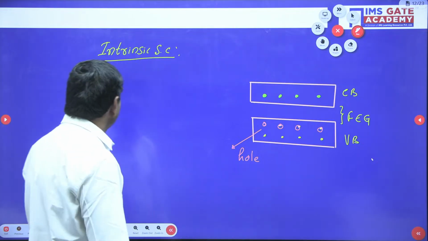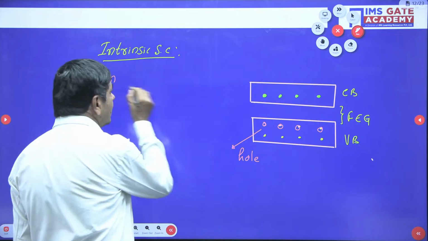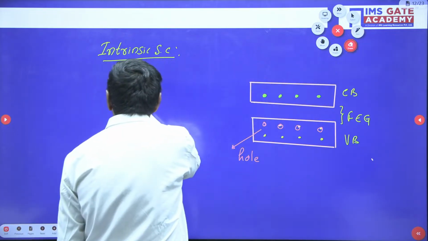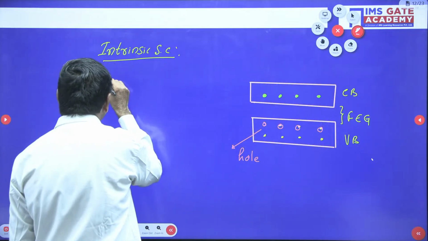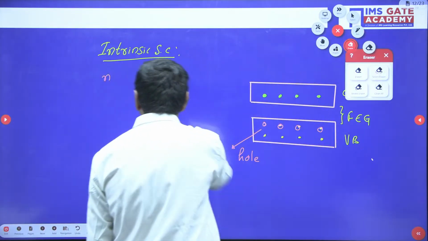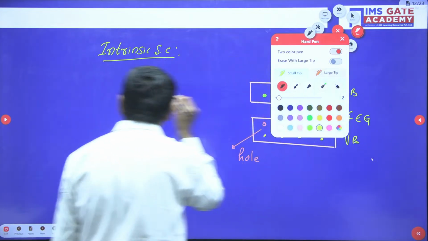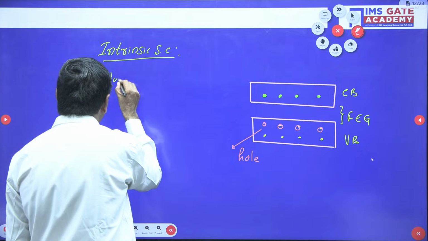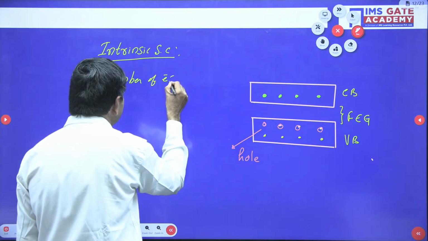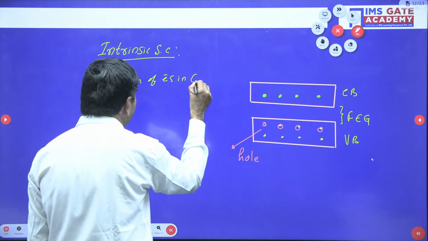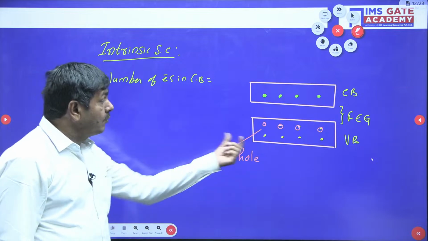In an intrinsic semiconductor, the number of electrons in the conduction band is equal to the number of holes in the valence band.